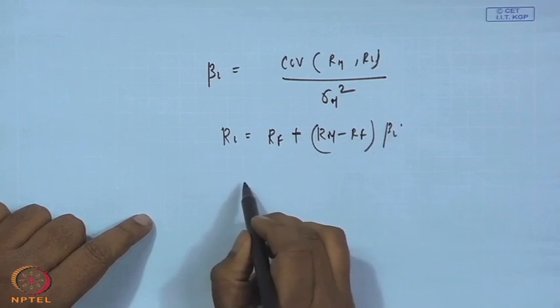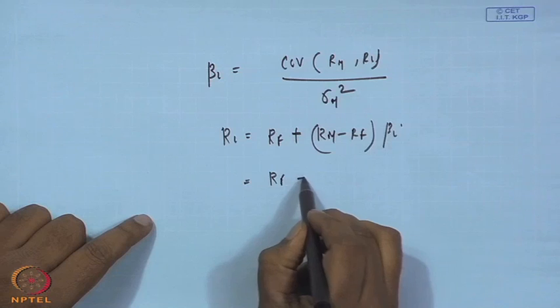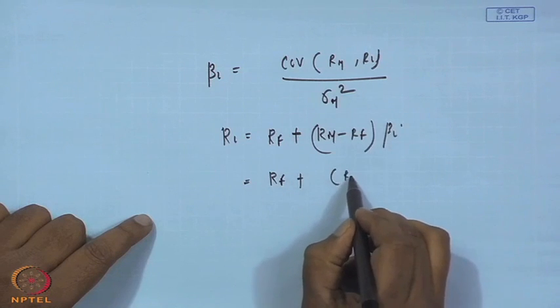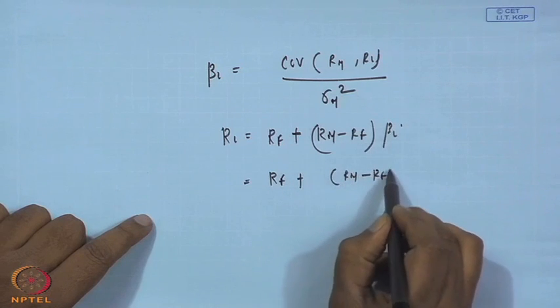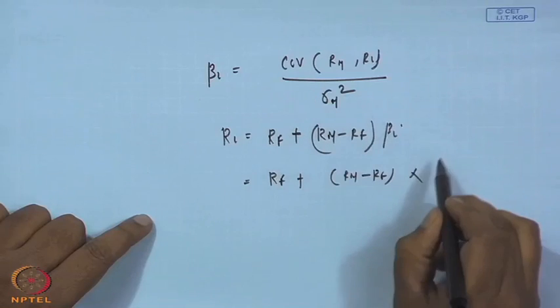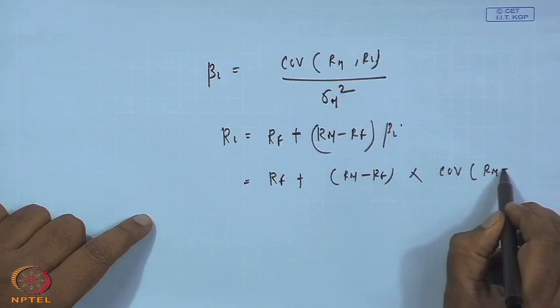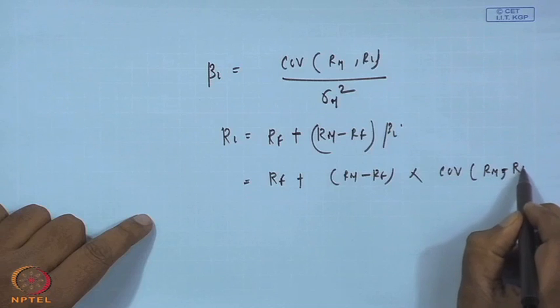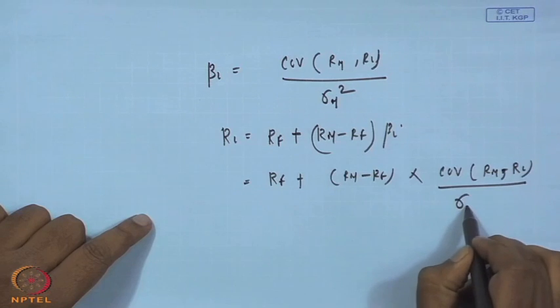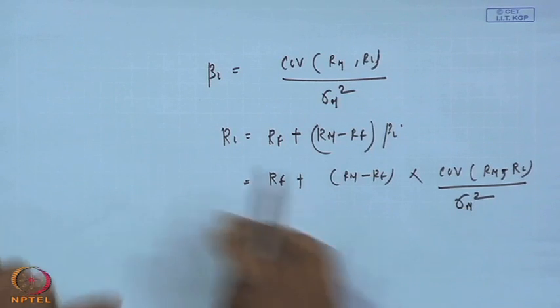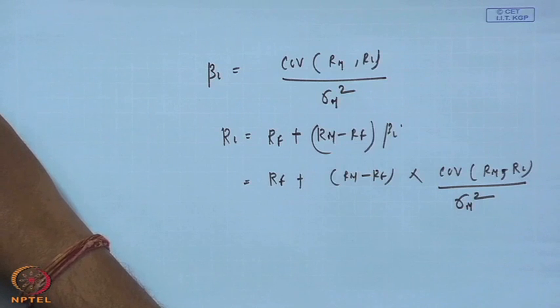Further, you can write the risk-free interest rate, Rm minus Rf. Here I put the beta value: covariance of market and Ri, divided by the variance of the market.